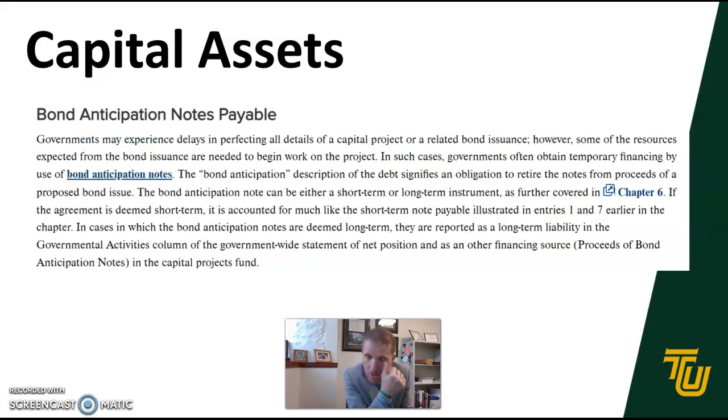The other item that's talked about in chapter 5 is bond anticipation notes, a bit of a flip-flop between chapters 5 and 6.